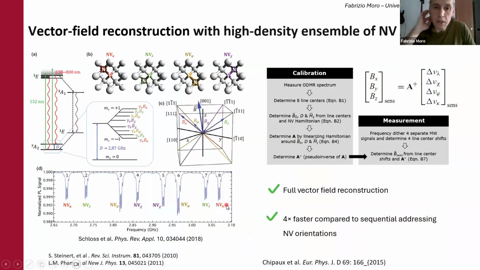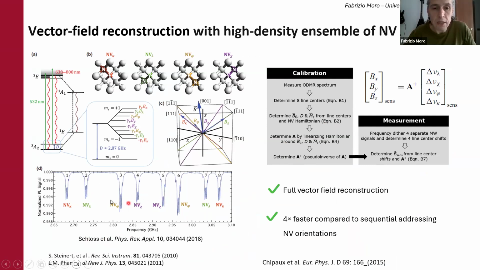And therefore, a different method has been developed to make the acquisition faster, enabling therefore faster reconstruction of the magnetic field vector. This has been done in this publication by Schloss et al., where they developed an algorithm that fits the data of a single ODMR spectrum.